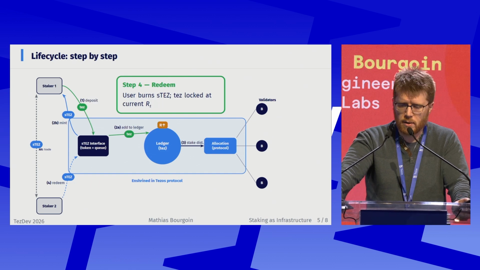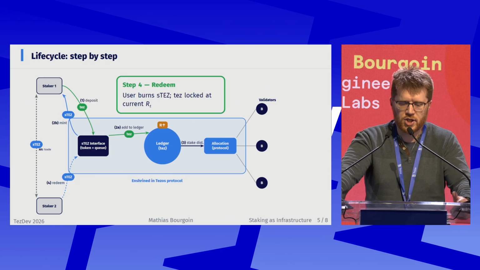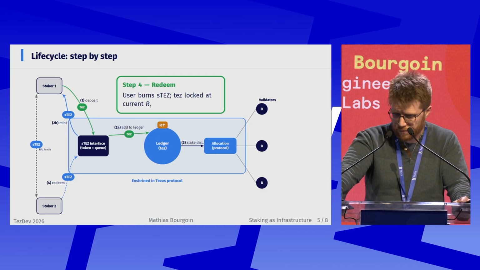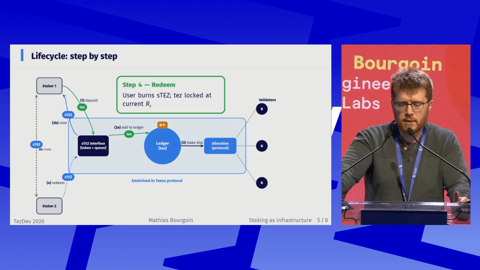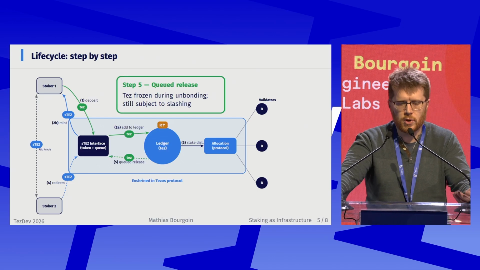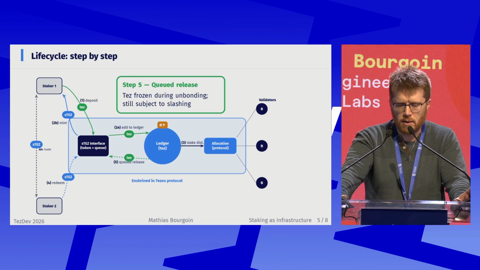At some point, if a staker wants to redeem some STez that it has minted itself or exchanged outside of the system, as it could with any FA2 fungible token, once it does that, it will automatically trigger an unstake request, which will transfer the Tez into the frozen mechanism.